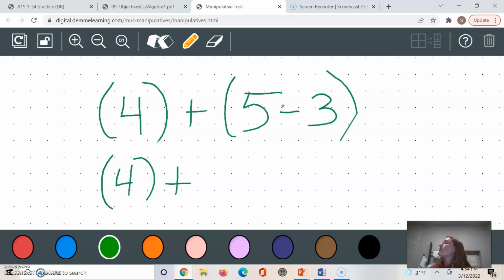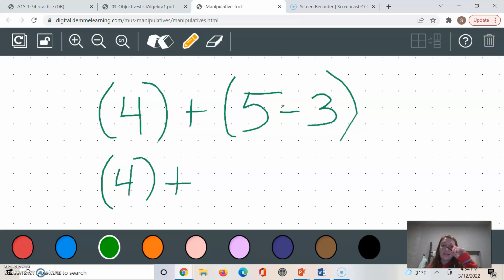However, because the P is first, we would do any of the multiplication, division, subtraction, whatever, in the parentheses before we would do any of the other math outside the parentheses. Does that make sense? So while the P is in the beginning of the word, we take care of everything in the parentheses before we can move to the E.